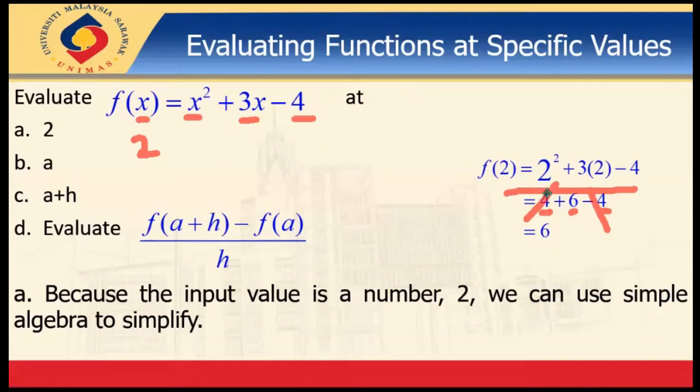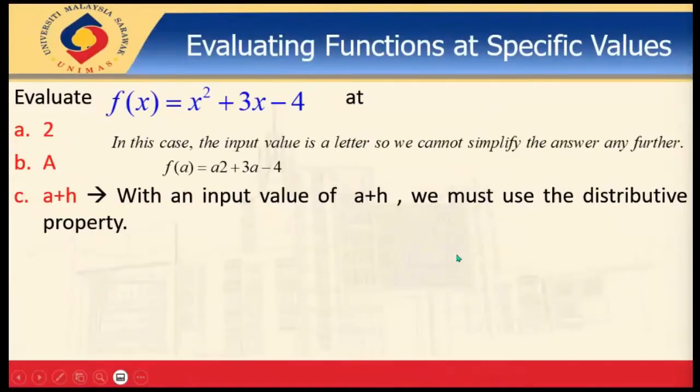Let's continue. The next one will be like this: now we will put the value of x equal to a. So we will replace every x by a. Okay, this should be lowercase a, not uppercase A. So you see, f of a equals a square plus 3a minus 4.